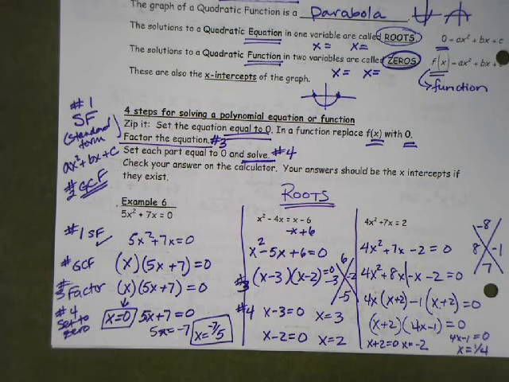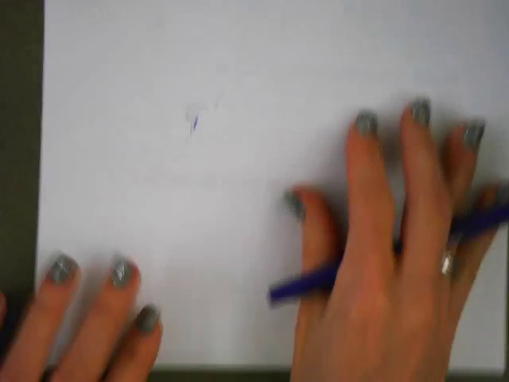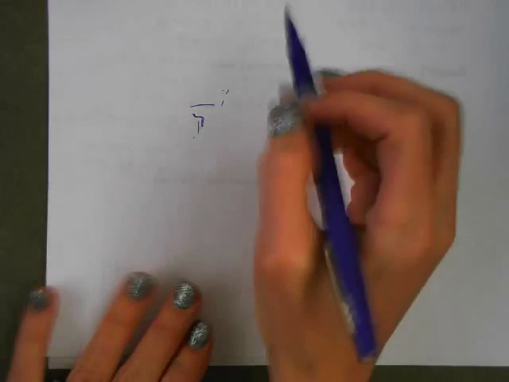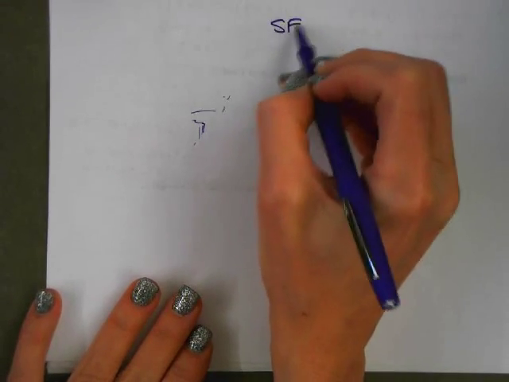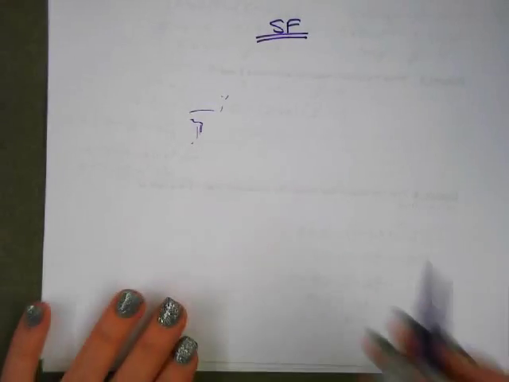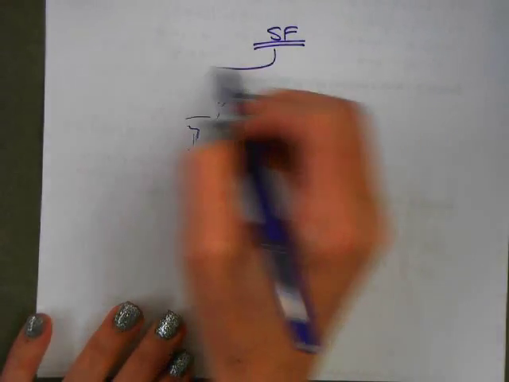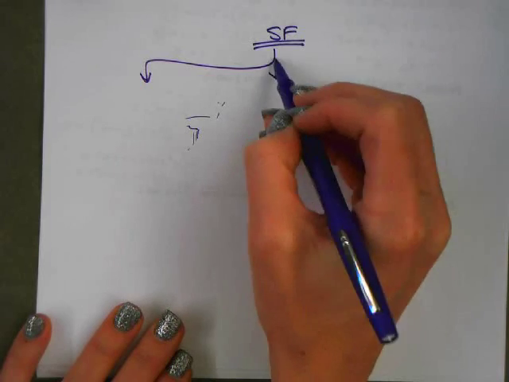Okay, one thing I want to show you to help you when you walk through this is that there's kind of a pattern. So we want it in standard form first, right? We're going to have a couple of situations occur. 3 possibilities when you get it in standard form.